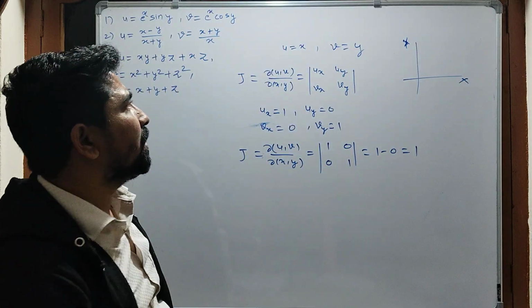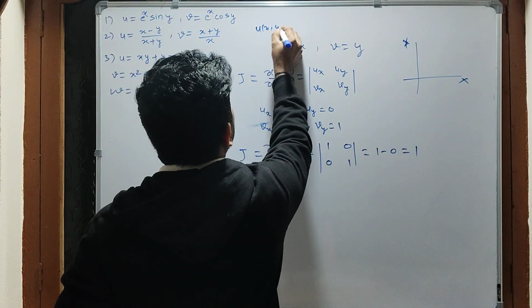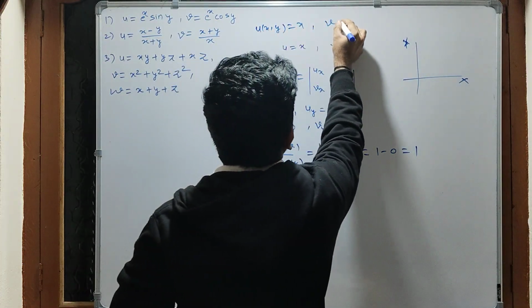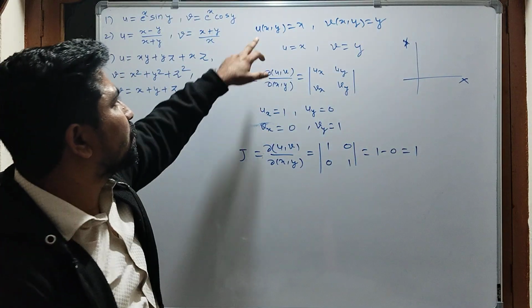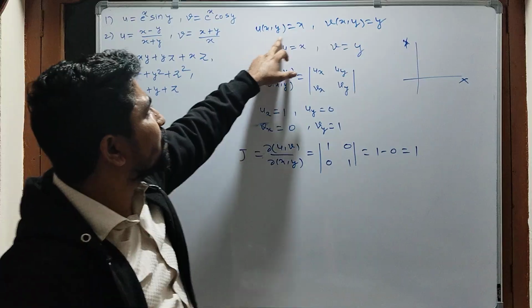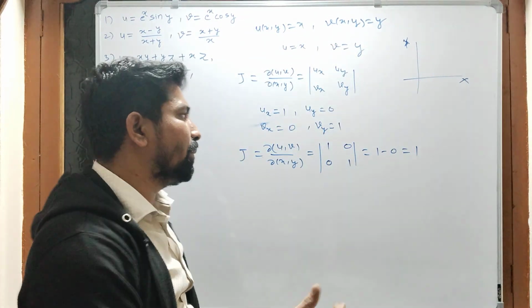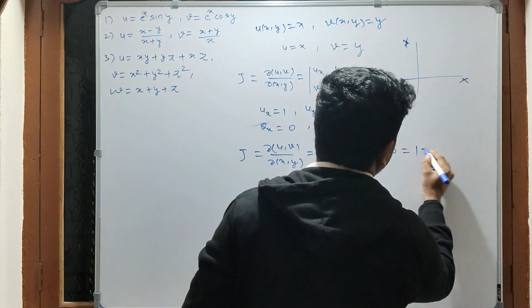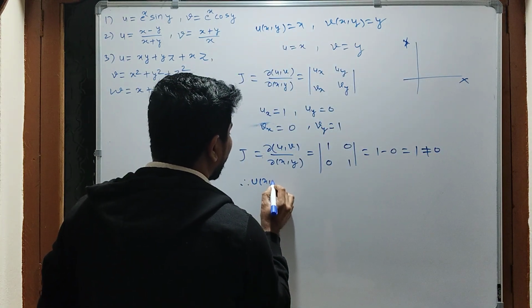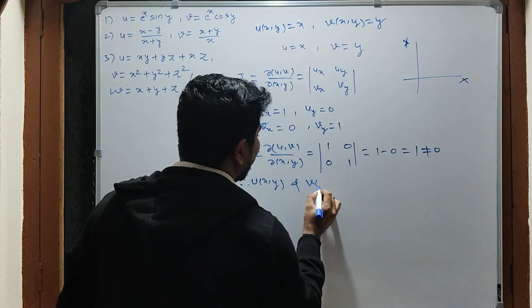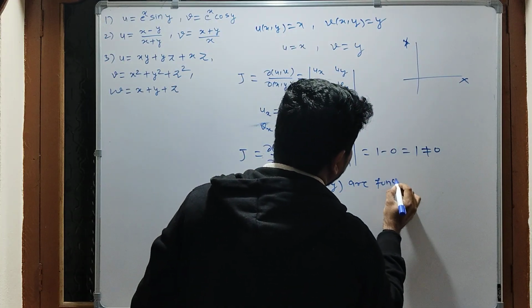Therefore, this function u of x comma y equal to x and v of x comma y equal to y, these two functions are functionally independent, because the determinant is not zero.